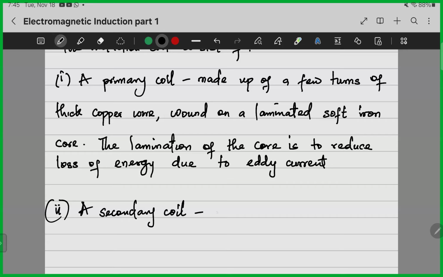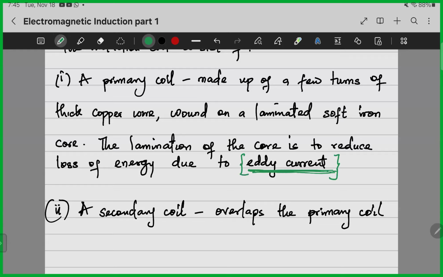So this overlaps the primary coil. It's an assignment. I need you to go to your materials and give me a brief explanation of eddy current. I'm deliberately giving you that.